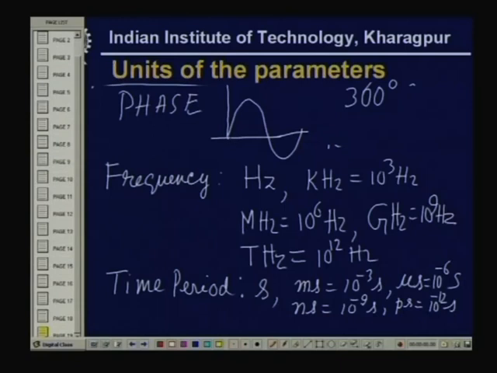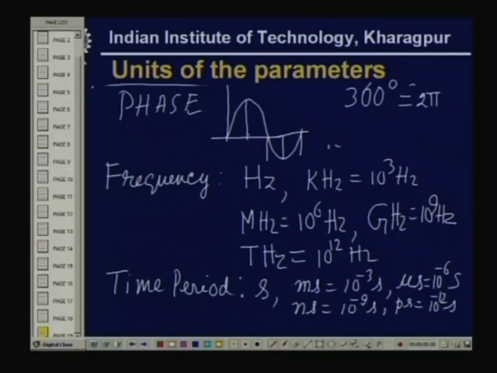From here to here, this is 90 degree, this is 180 degree, this is 270, this is 360, or we can express it in radian, in which case it is 2 pi.